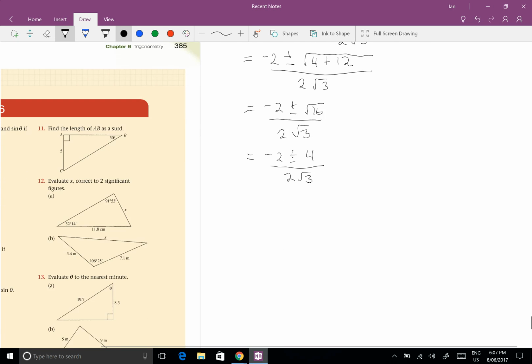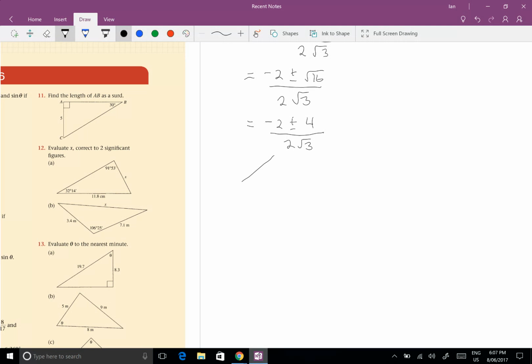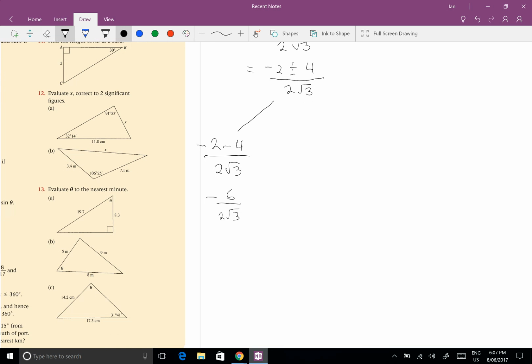So let's look at these answers. Let's take the negative. So negative 2 minus 4 over 2 root 3. Well, that's negative 6 over 2 root 3. 2 will go into that 3 times.